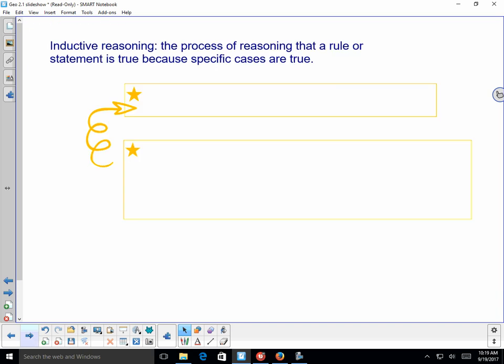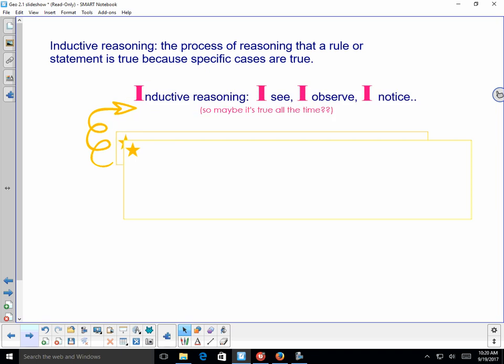Let's take a look at the next item here. Inductive reasoning is the process of reasoning that a rule or statement is true because specific cases are true. If you need to pause this video to write that down, go ahead and do that.